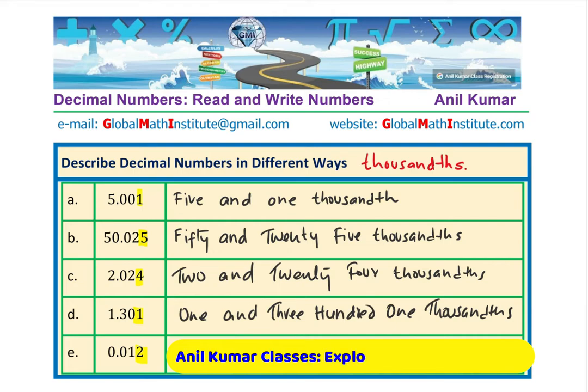So I could also write directly 12 thousandths. Does that make sense? Correct? Do you see how easily we have written them? Just by following a standard method of reading this as 5 and 1 thousandth.